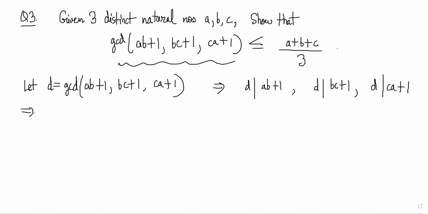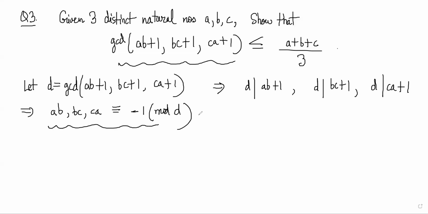So that means AB, BC, and CA must all be congruent to minus 1 mod D, right?